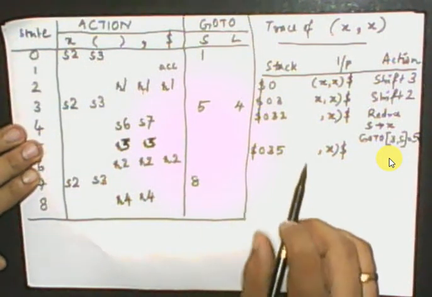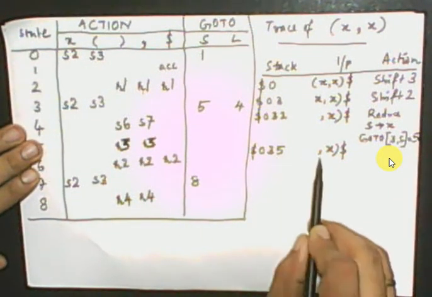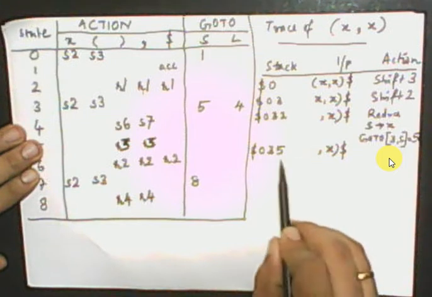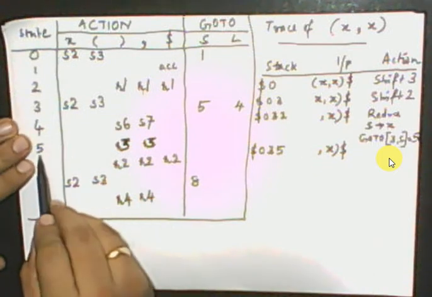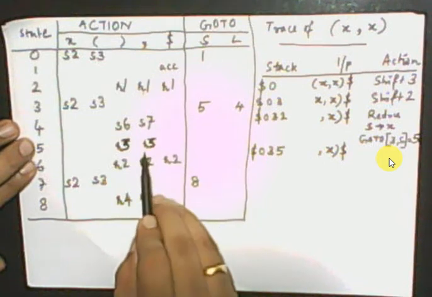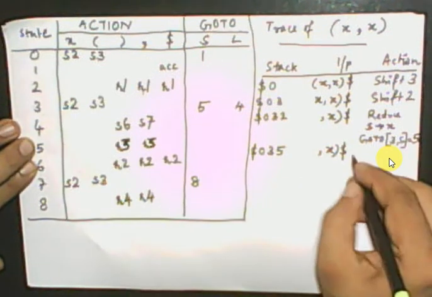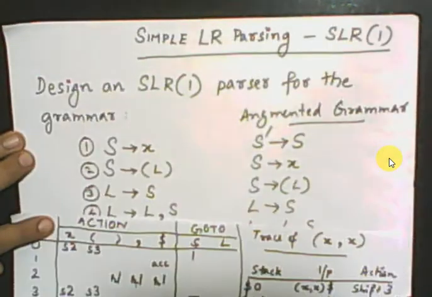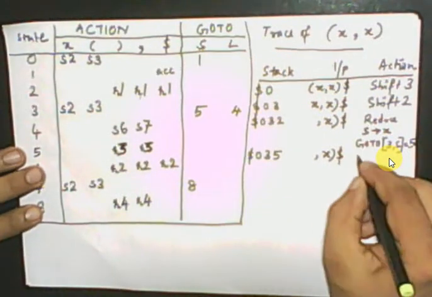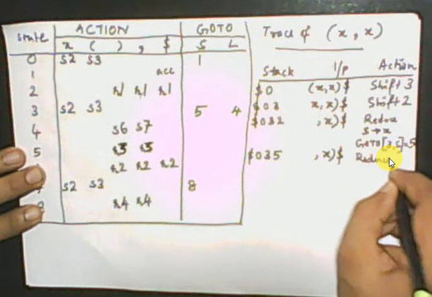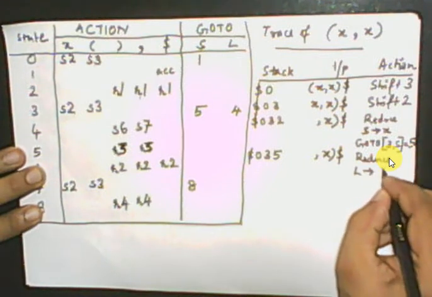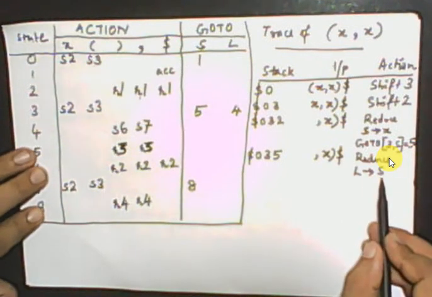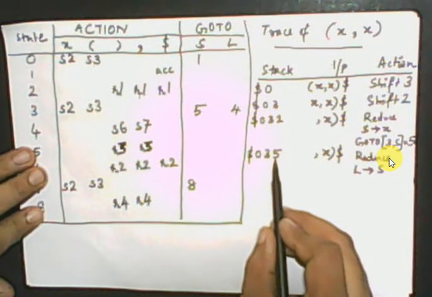So now we have to see 5 on comma, what is that? 5 on comma, you will have R3 here. R3 is L gives S. So reduce L gives S. Right hand side is one symbol, that means 5 has to be popped.